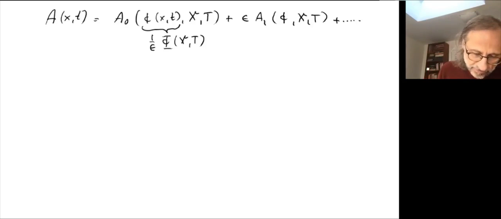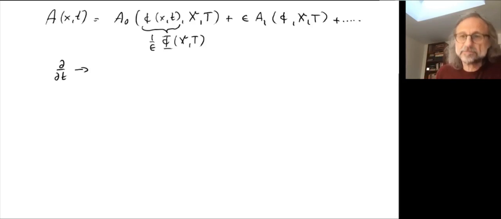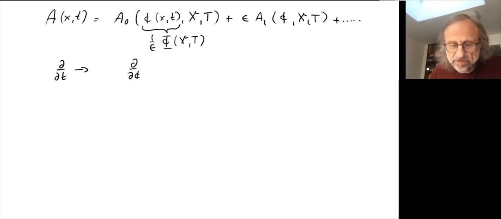So what happens? We have the derivative with respect to time. Time shows up both in the phase and explicitly. So this is going to be d by d phi. I'm going to use the little phi because that's denoting the first argument of the amplitude.